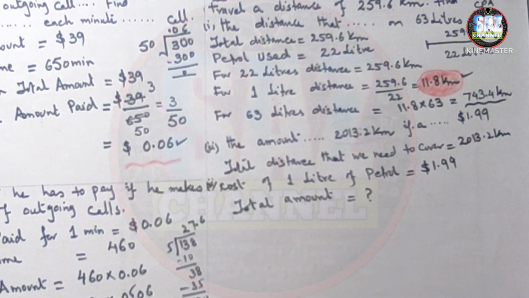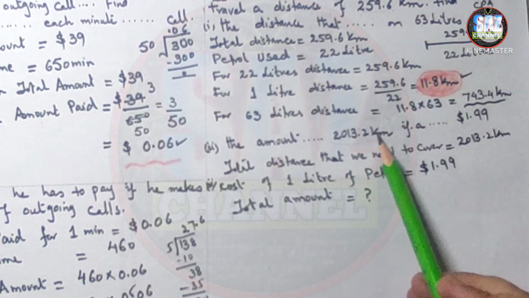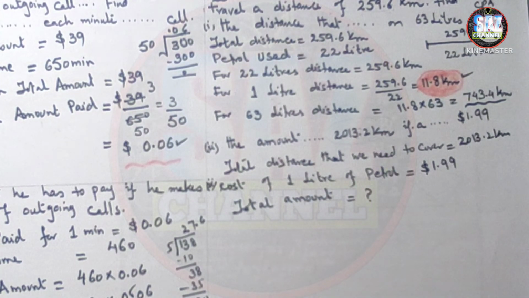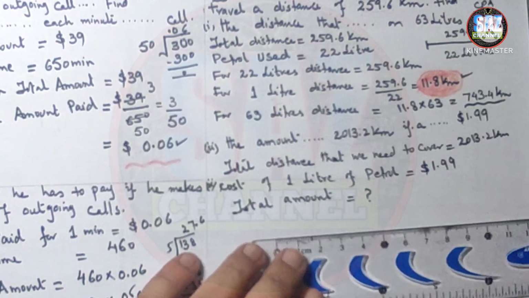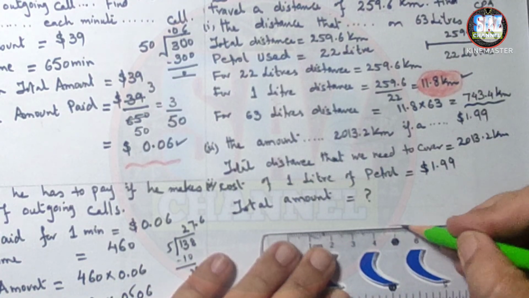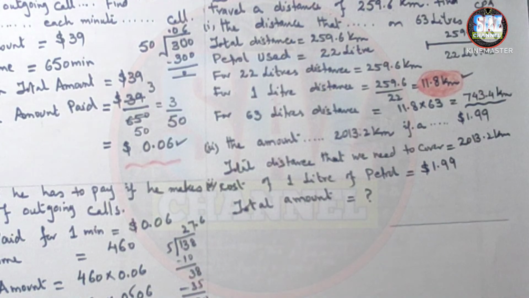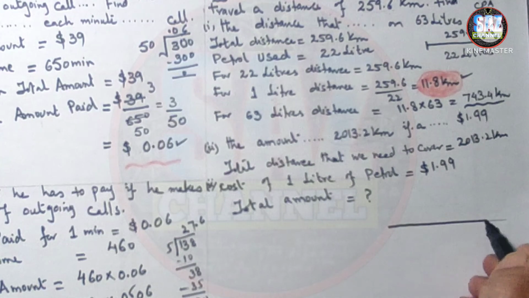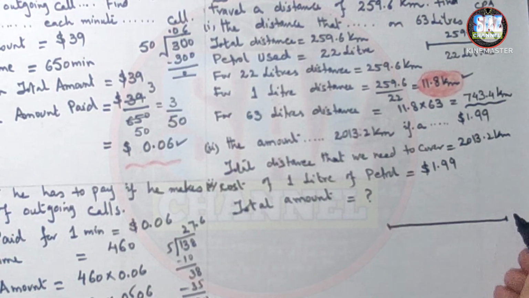So in order to understand this, we need to understand for 13.2 kilometers how many liters of petrol we are consuming. And for that purpose, let me take help from a diagram. Let me make a picture here: this is the total distance, and what is the total distance?